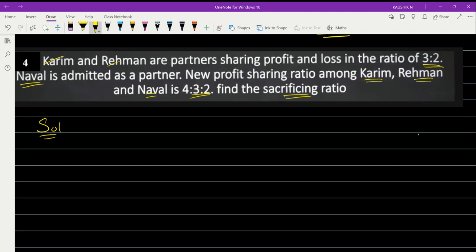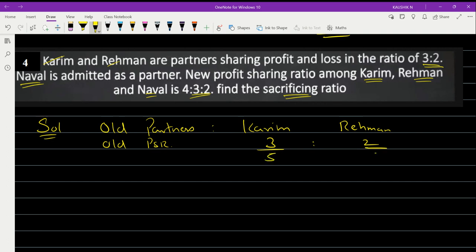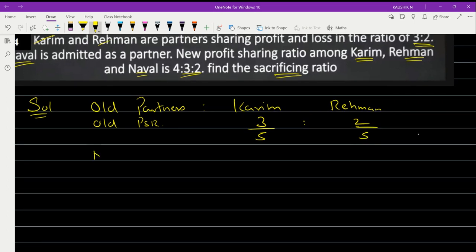Simple case. So let me first write the old partners. The old partners are Karim and Rahman. Their old PSR is given as 3 is to 2. So 3 by 5, 2 by 5. And then the new partner is Naval, and his share is not given to us.